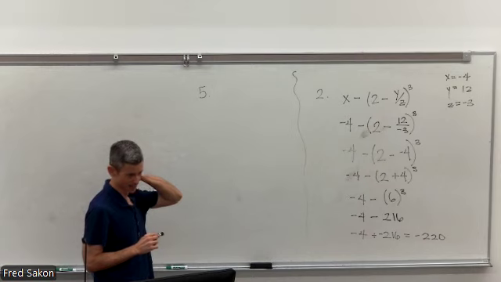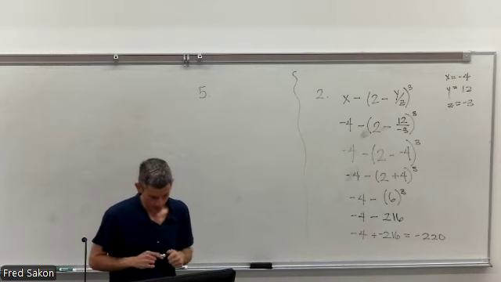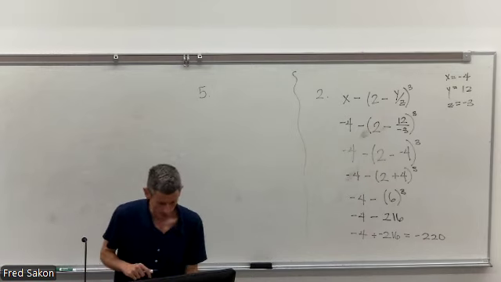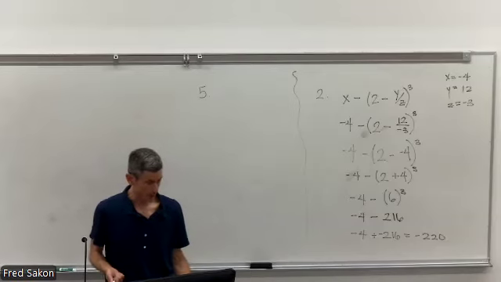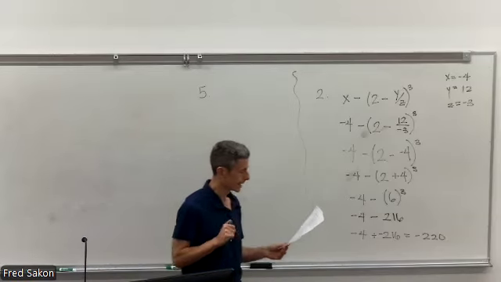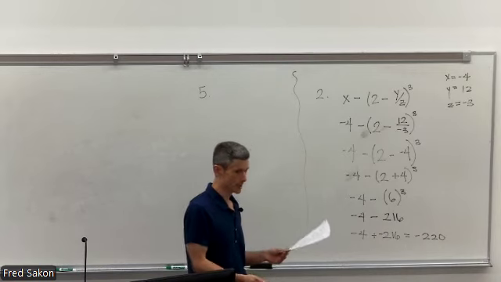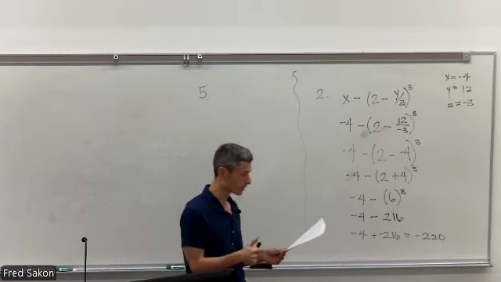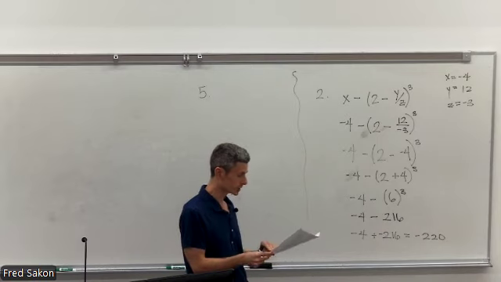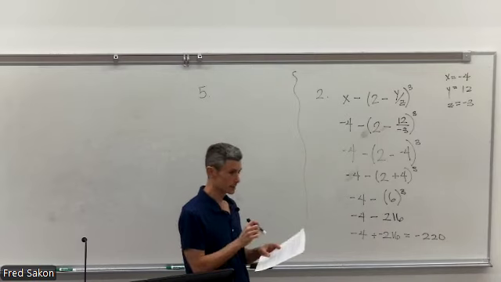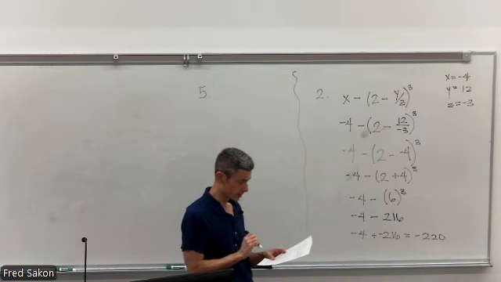Okay. So looking at 5.2, where we're simplifying variable expressions, notice like terms is highlighted there. That is going to be what we're looking for all the time, basically, when we're trying to simplify variable expressions. And we can use things like the distributive property London just mentioned.